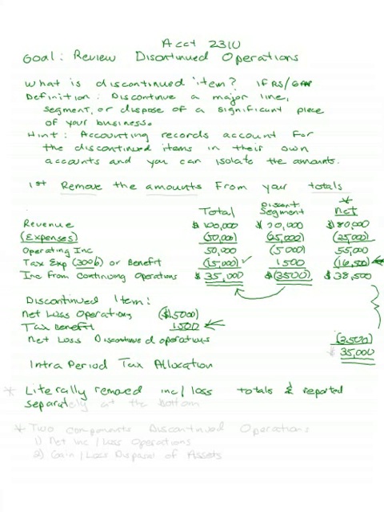Can't write so fast, huh? That's not an option, that's required. So that's our first pincast that I wanted to go over, is that you literally remove the income or loss totals and report net and put them on the bottom.